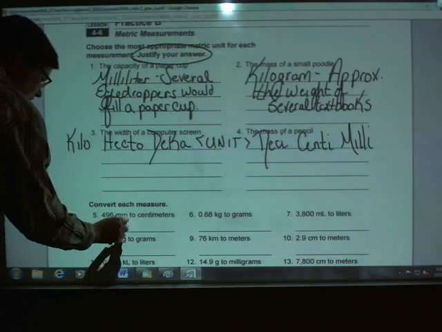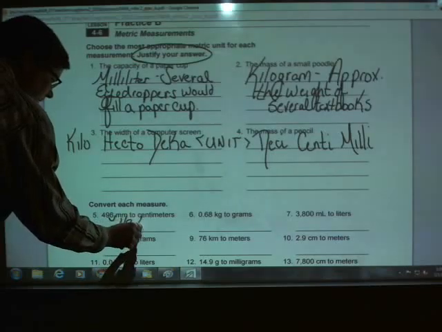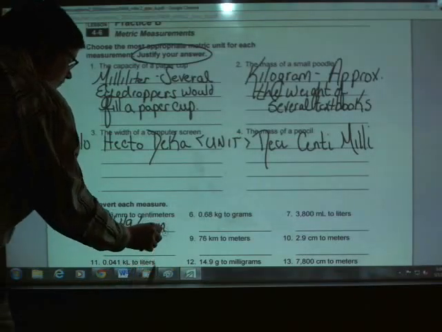So in number 5, where I'm converting from 496 millimeters to centimeters, I'm going from milli to centi, which is 1 jump to the left on the chart. So all I have to do is move my decimal 1 time to the left. I do that, and I end up with 49.6 centimeters. And that's it.